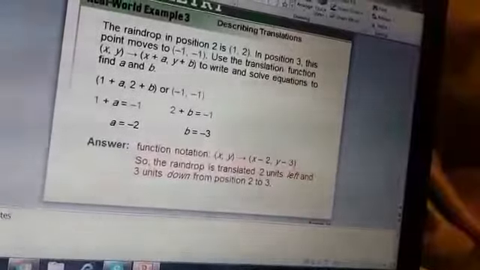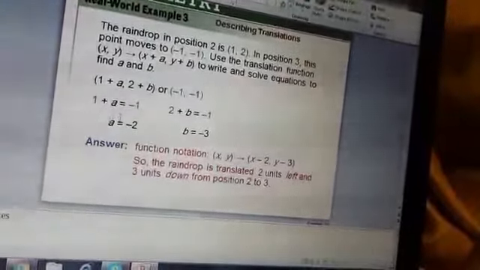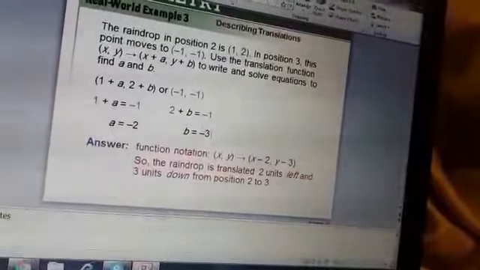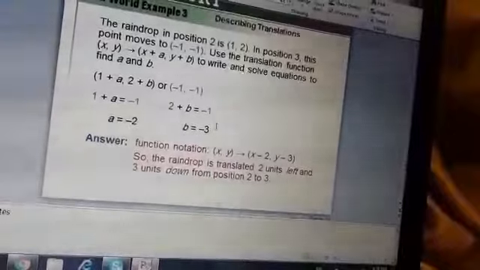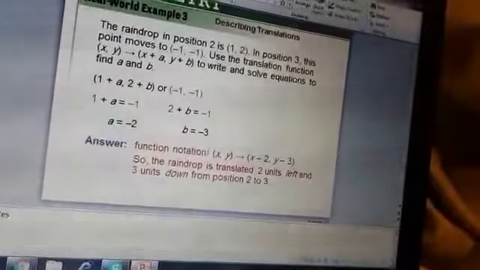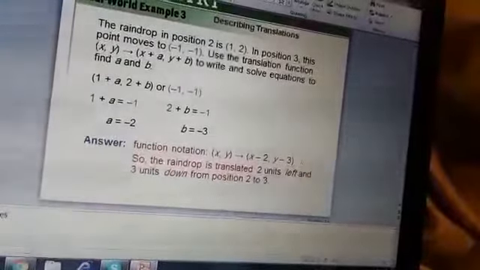This means a equals -2, I subtract 2 from the x coordinate here, and b equals -3. This means I subtract 3 from the y coordinate. Therefore, the rule of translation will be (x, y) gives me (x minus 2, y minus 3).